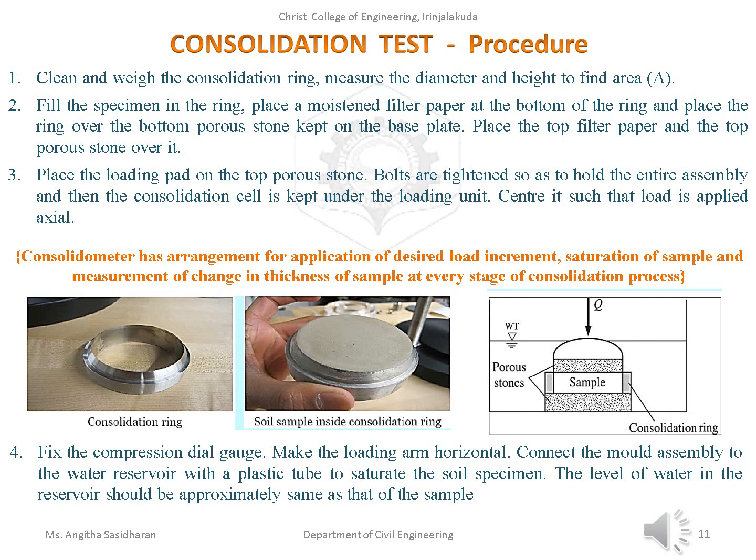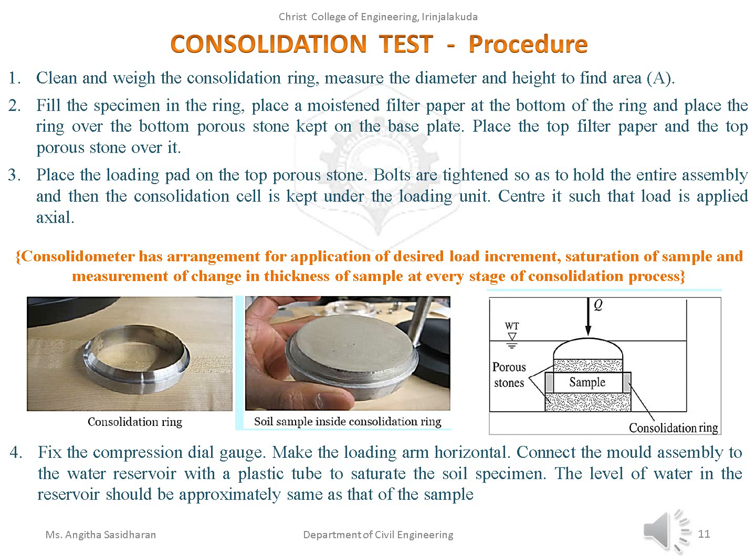We also have to know how much the thickness of the sample varies under every load increment, how much the sample is getting compressed. That can be known if we measure the height of the sample and how much it varies. That change in thickness of the sample can also be measured here. So this consolidometer has all such arrangements.